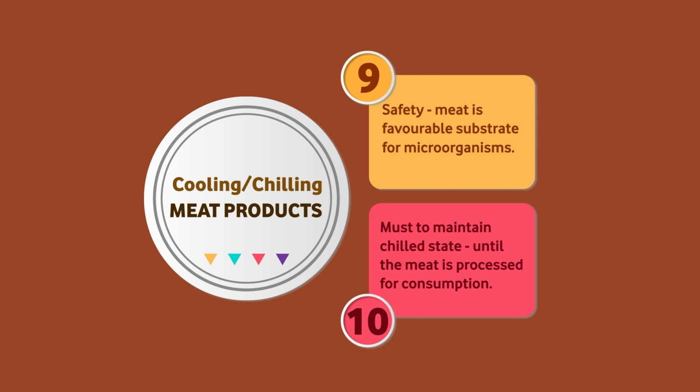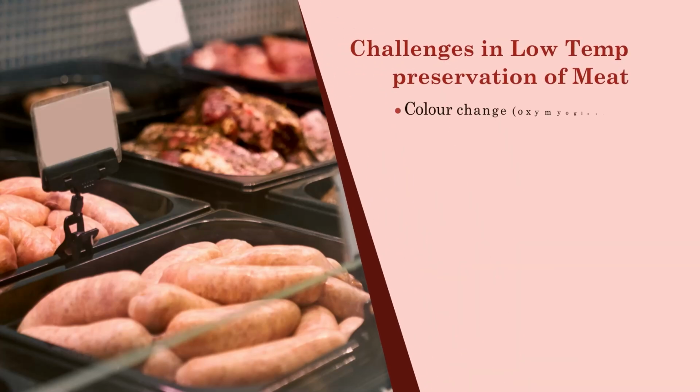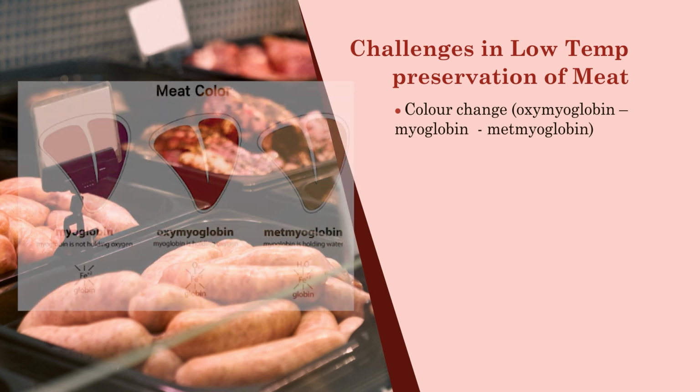It is a must for meat products that the chilled state should be maintained throughout the supply chain until the meat is processed and consumed. The challenges in storage of the meat may also be seen. These challenges could be color change, cold shortening, tainting.